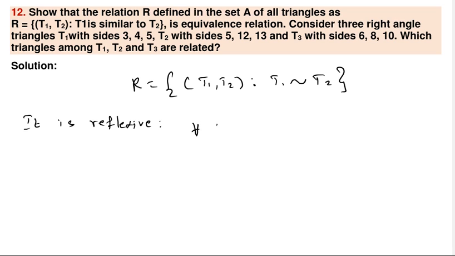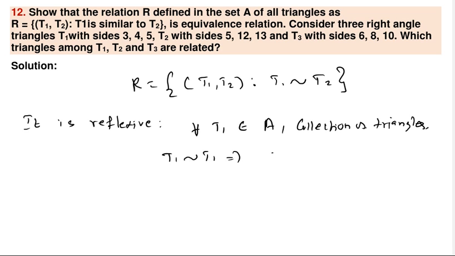For any triangle T1 of the set A, which is a collection of triangles, T1 is similar to T1. This implies (T1, T1) is an element of the relation R, and therefore R is reflexive.